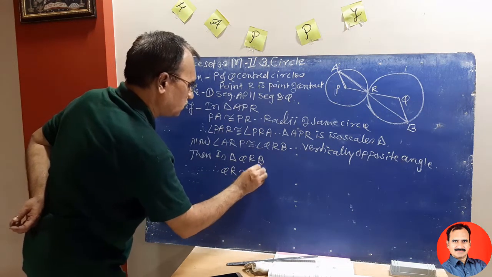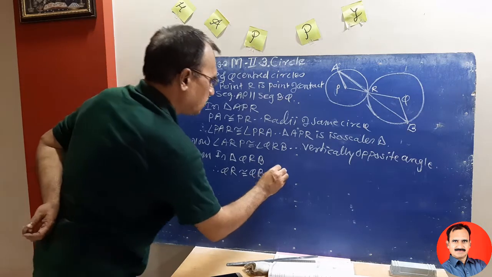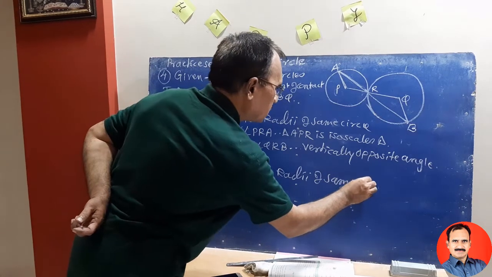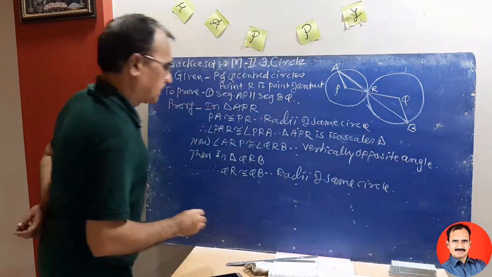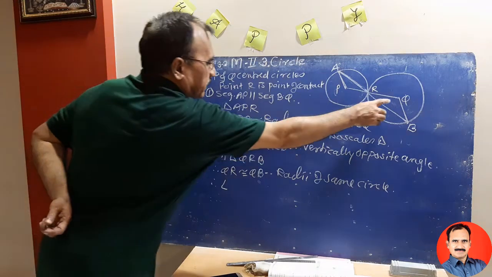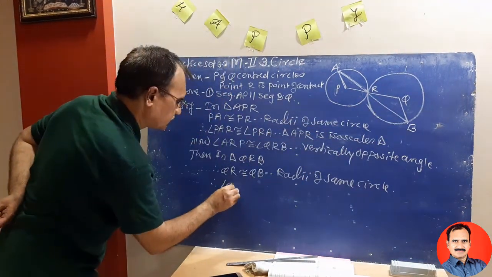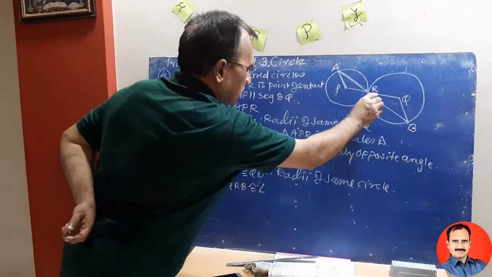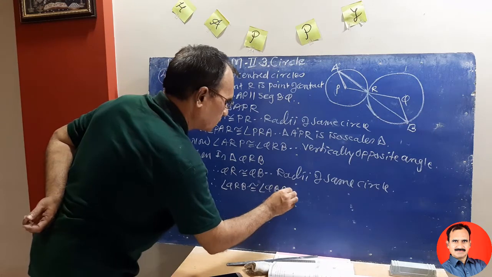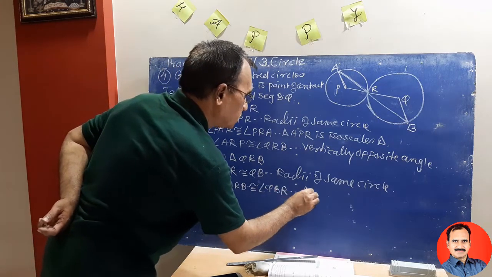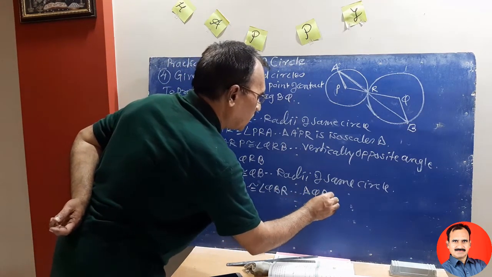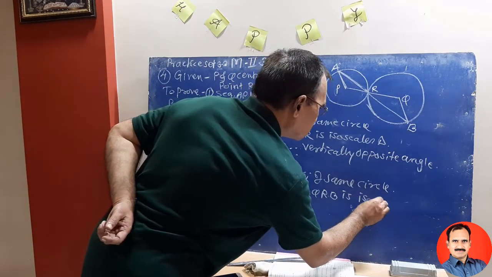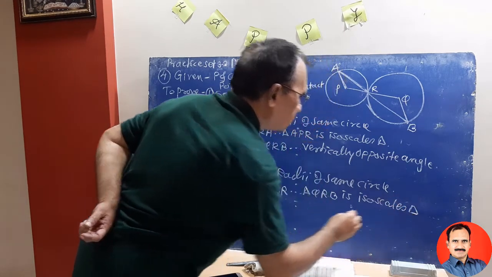QR is congruent to QB, radii of the same circle, and therefore angle QRB is congruent to angle QBR because triangle QRB is an isosceles triangle.